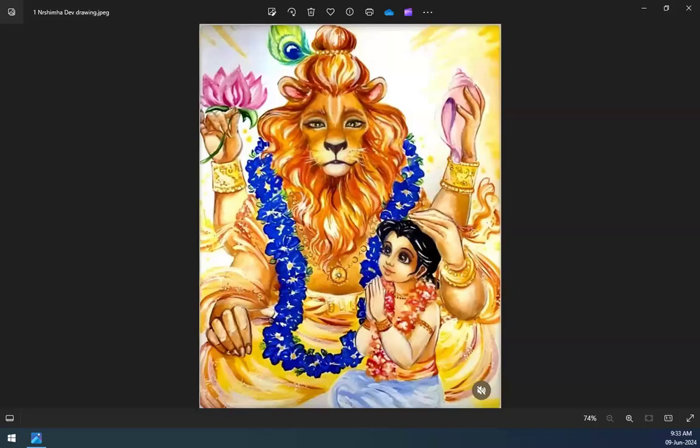Comes from verse number 4. Second, explain the difference between material and spiritual enjoyment. Comes from verse number 35.